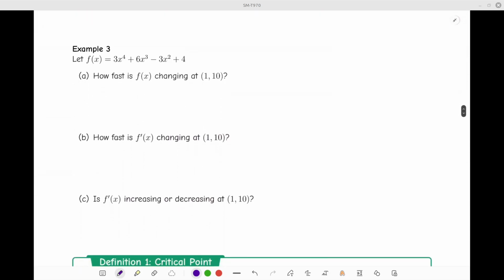Example 3. Let f of x equal this. Part A, how fast is f of x changing at 1 comma 10? So changing indicates a rate of change or slope. So in order to answer this question, I'm going to find the derivative.